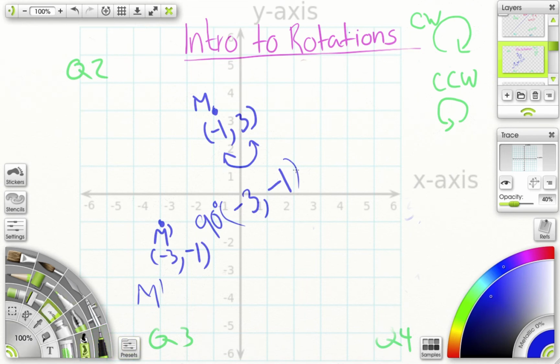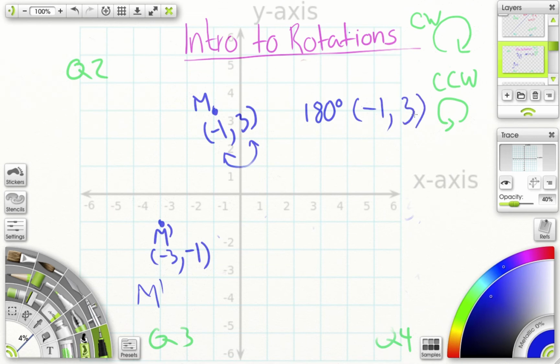180 is my simpler one, which is the digits stay in the same spot. So for 180, my x and y stay in the same position. So -1 and 3 stay in the same position. So I know it's going to be -1, 3. However, both integers just become the opposites. So if I had a negative as my first digit, it's now going to become a positive.